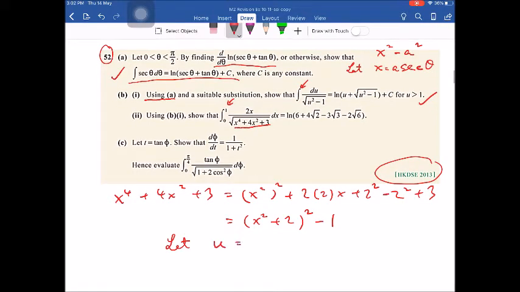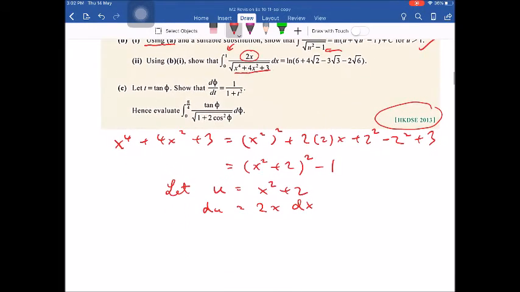Then of course you will let u be x squared plus 2, and then you will get exactly this form, except that there's 2x here. But you know that du equals 2x dx. Very good, and then you can replace it. Now I check that when x equals 1, u equals 3, and when x equals 0, u equals 2.